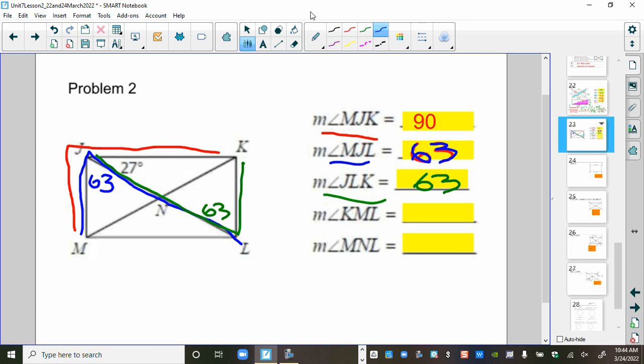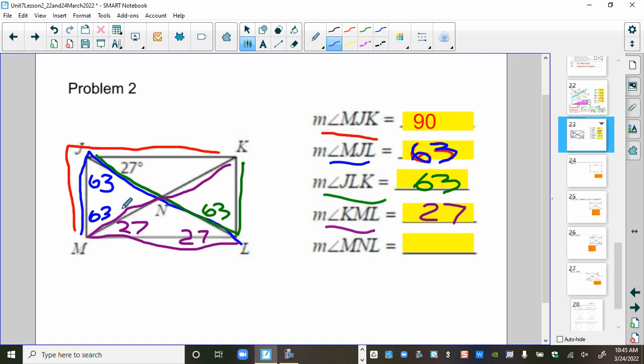Yup, KML has to be 27 because if this one's 63, and since these diagonals are congruent, this one's going to be 63 as well, which means KML has to be 27. Very good. She hit it.